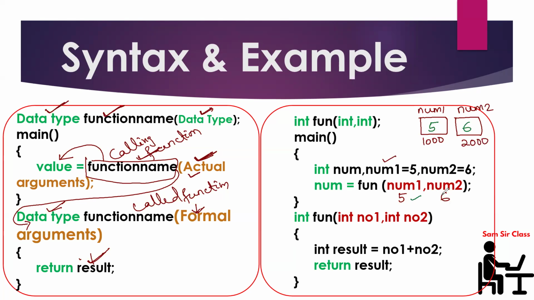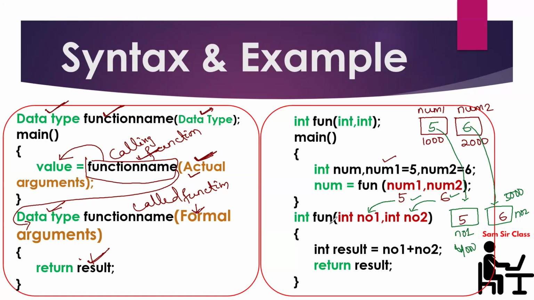So whenever you are passing 5 and 6, because these are the actual arguments, these values will be copied to the formal arguments. Means there will be two more variables, number 1 and number 2. Those may be present in different locations, 4000 and 5000. But what happened? This 5 is copied here, 6 will be copied to number 2. Okay. So 5 will come here and 6 will come here.